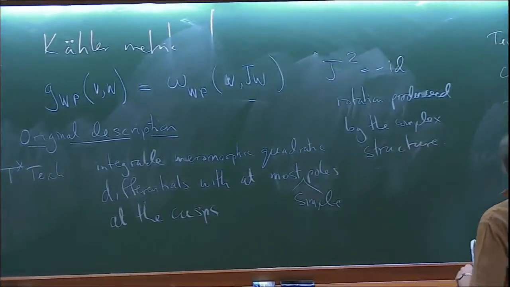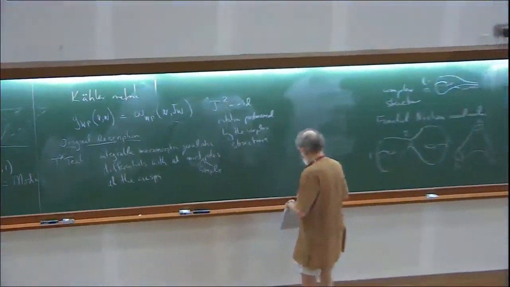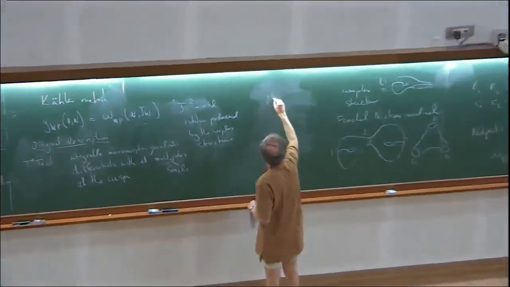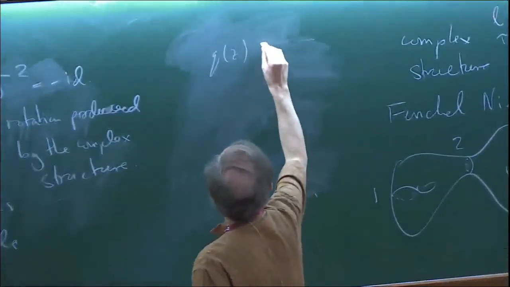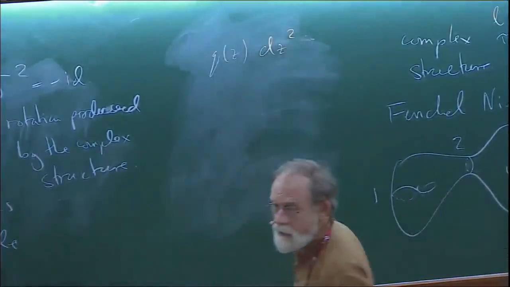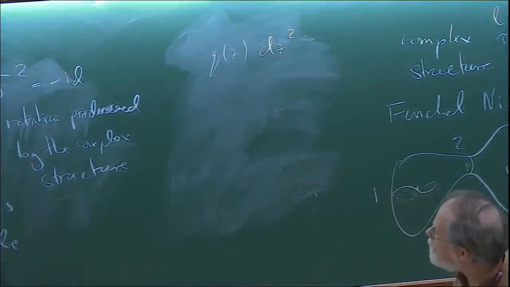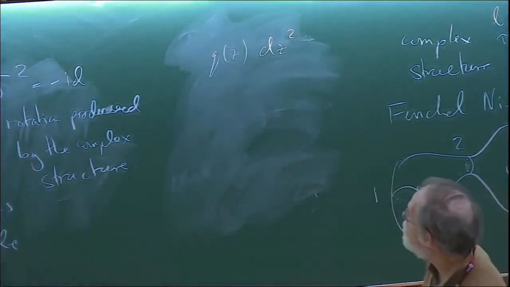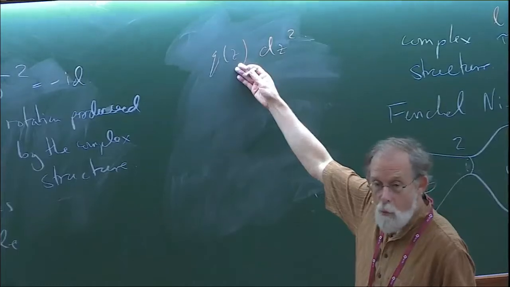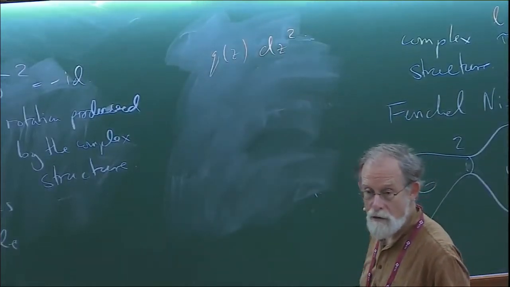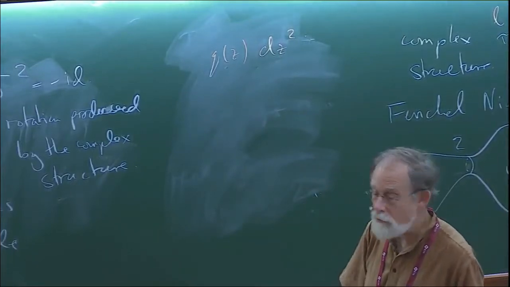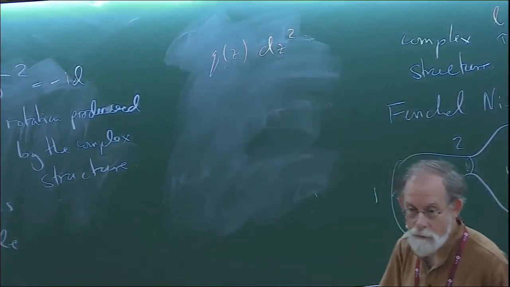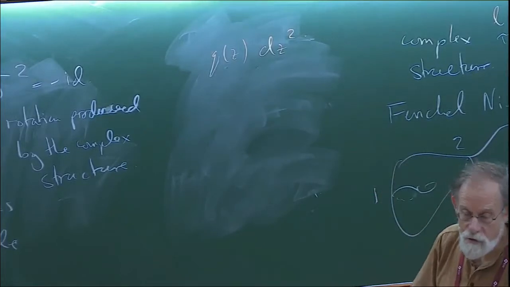And then if you have such a quadratic differential, it looks locally in complex coordinates like some holomorphic function times dz squared. And then you can think of defining norms on these. Basically, you do some integral of some power of the modulus of q.